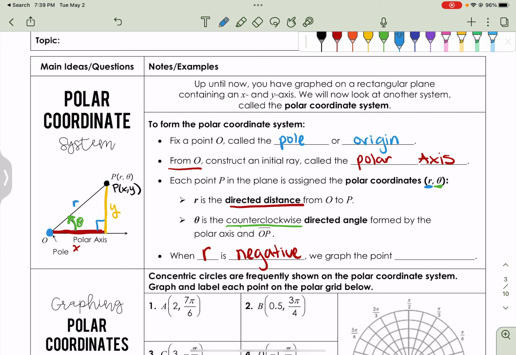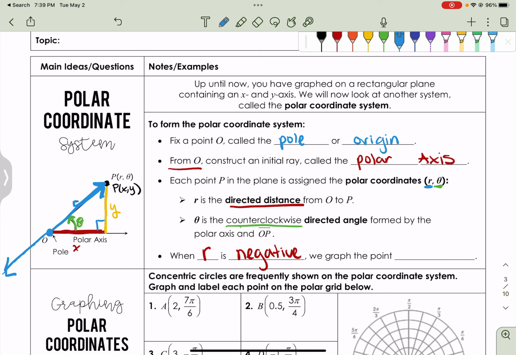So if we're given an angle theta and a positive r, we go along that theta towards the positive direction. But if I'm given r theta, negative r theta, then I'm going to open to that theta and then go in the exact opposite direction.